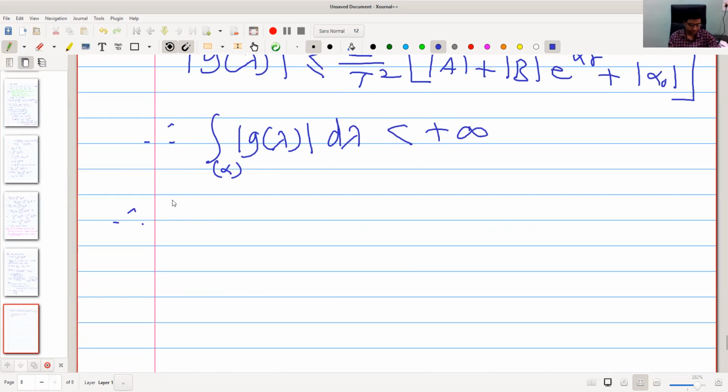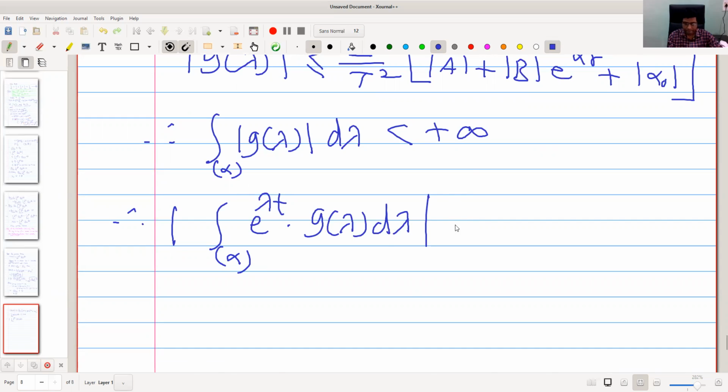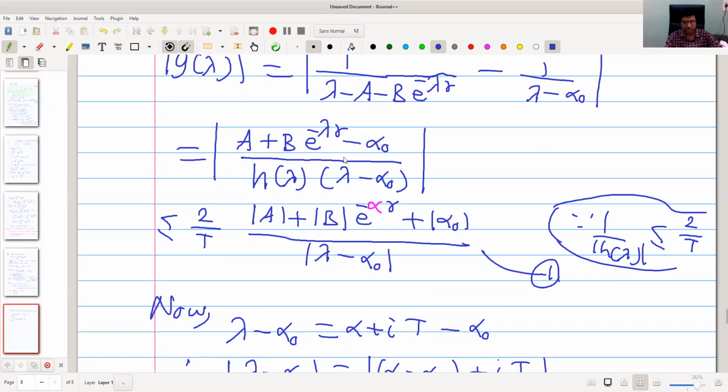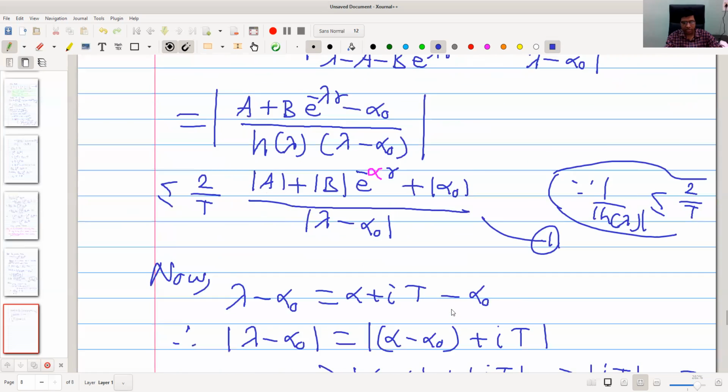and therefore mod of the integral of e raised to lambda t into g of lambda along this alpha is less equal, we can take modulus inside, it will be mod of e raised to lambda t, and mod of e raised to lambda t is less equal e raised to alpha t as in earlier cases.